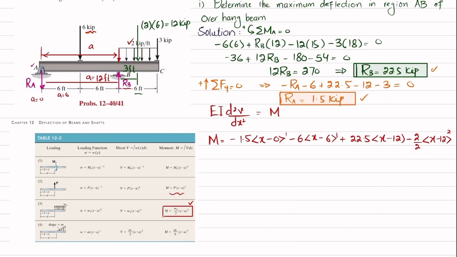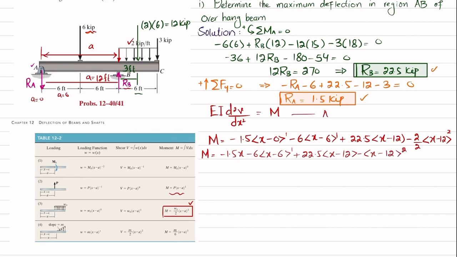If I further simplify it, the moment will be equal to minus 1.5 X minus 6 into X minus 6 power 1 plus 22.5 into X minus 12 minus X minus 12 power 2.